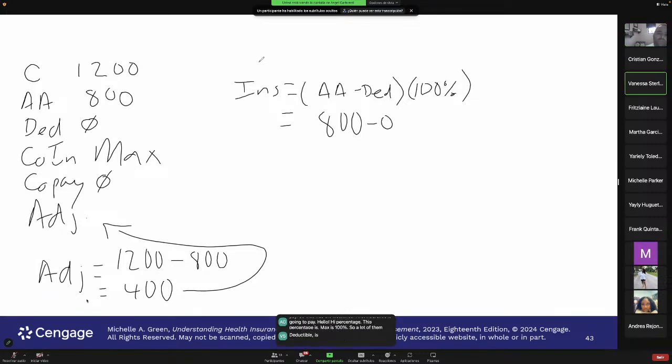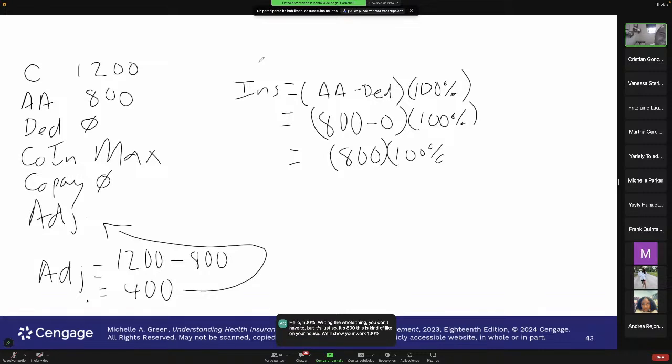Deductible is $0. Times 100%. I'm writing the whole thing. You don't have to, but it's like when you're in high school, show your work: 100%, and 800. Okay?